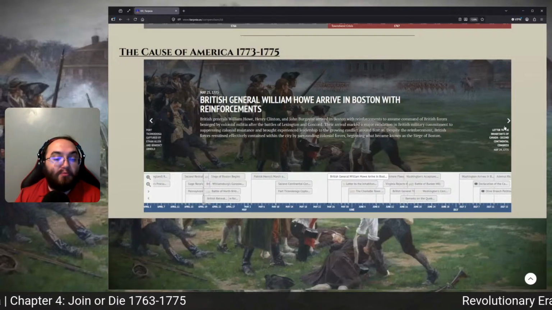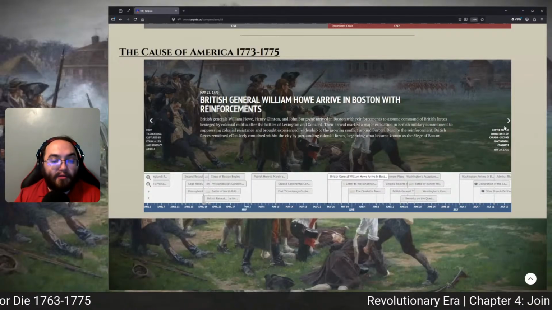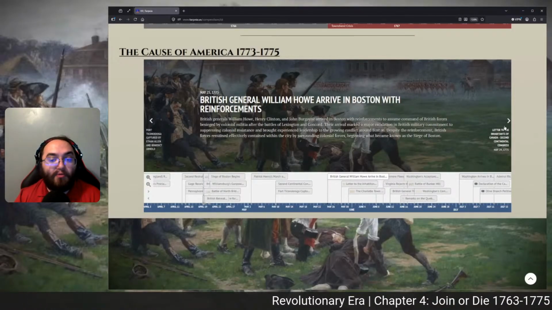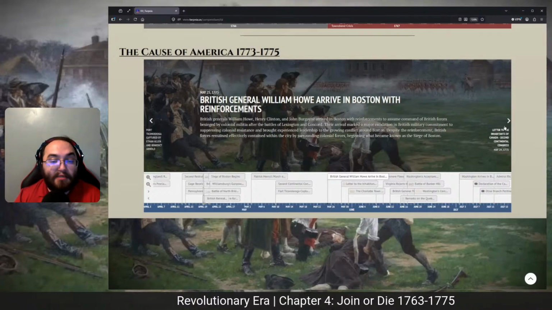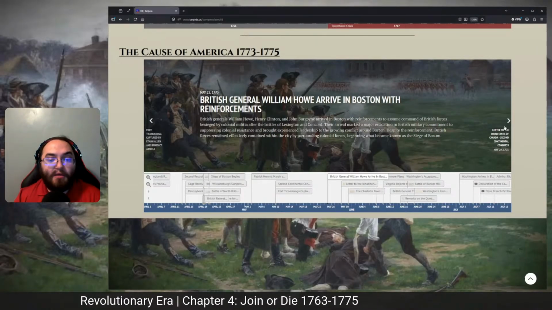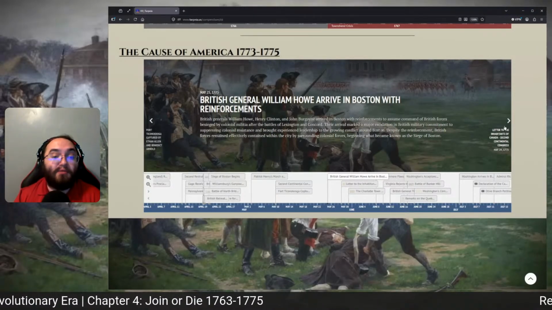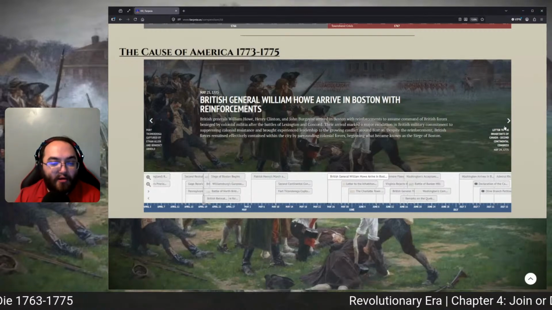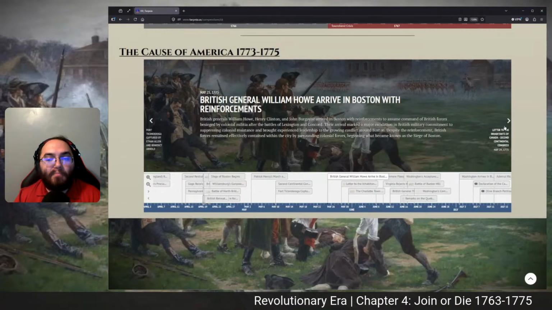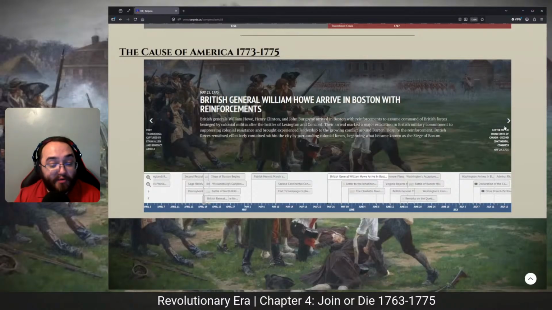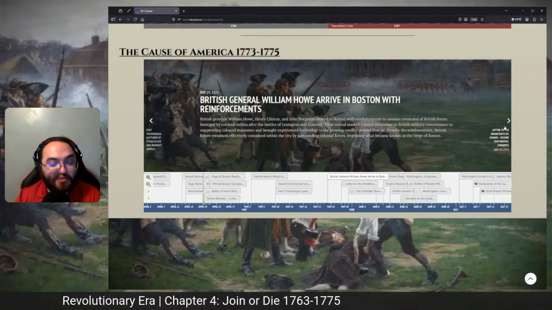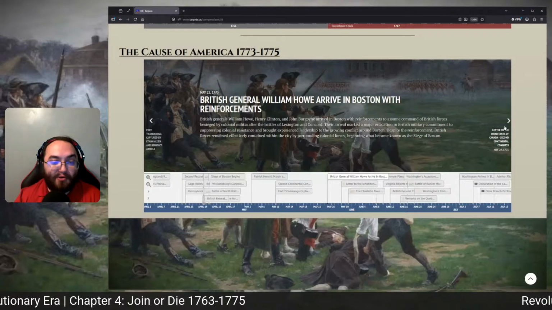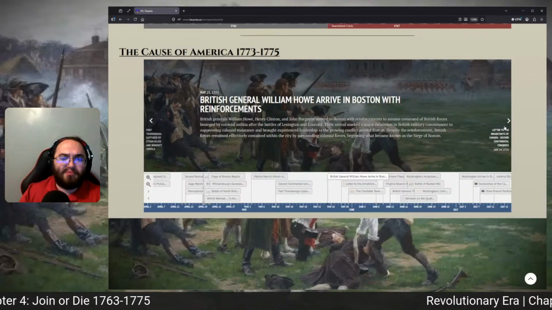He will then be replaced by Henry Clinton, and John Burgoyne will actually be defeated at the Battle of Saratoga. Clinton will be the commander-in-chief of British forces for the rest of the war after Howe. And his subordinate, Cornwallis, will be the one to surrender at Yorktown, but that's going to be the next chapter.